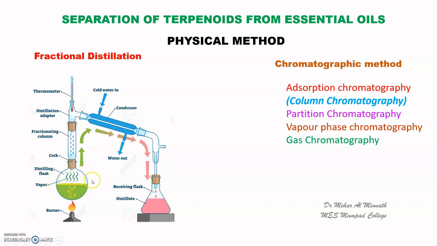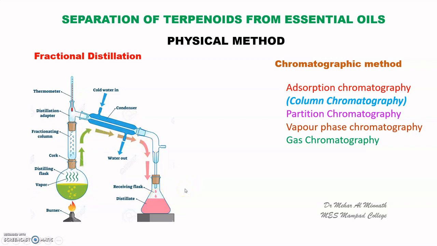So here what happens is, when you heat this essential oil, remember you need not supply a lot of heat, mild heating is enough. The terpenes which have a low boiling point will boil first, will be collected first in the distillate. Then after some time you gently increase the heat, and the next boiling terpenoid will be collected, and so on.